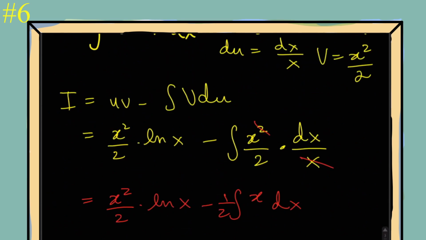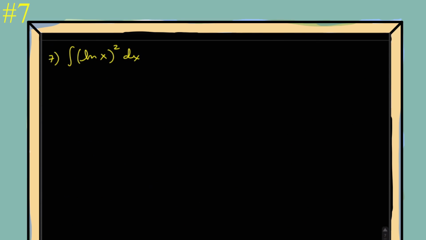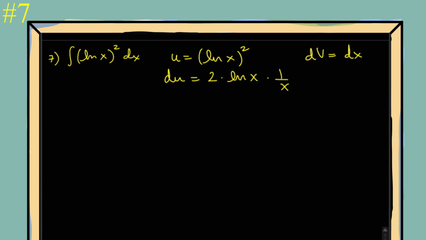Okay, last problem. For this problem, let's let u equal ln x squared. du is going to be 2 times ln x times 1 over x. dv is just dx, and so v is equal to x.